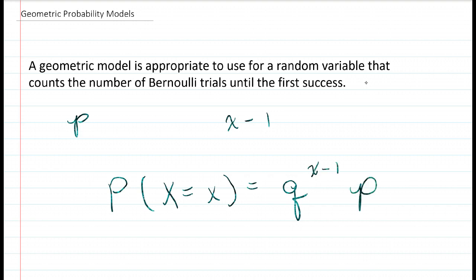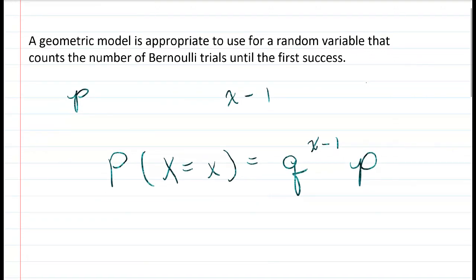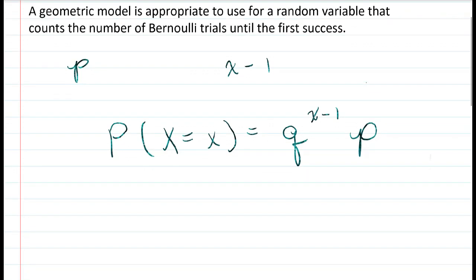Here p is the probability of success, q is the probability of failure, which we find using 1 minus p, and x is the number of trials until the first success occurs.